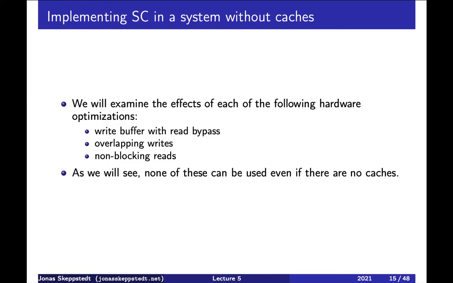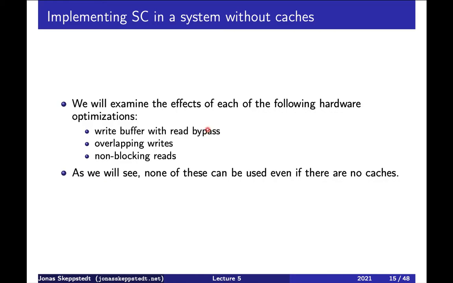And these special instructions obviously take more time to execute than normal reads and writes, loads and stores. Okay, so what are the features that complicate things? And recall, this is in a system without any cache memories.